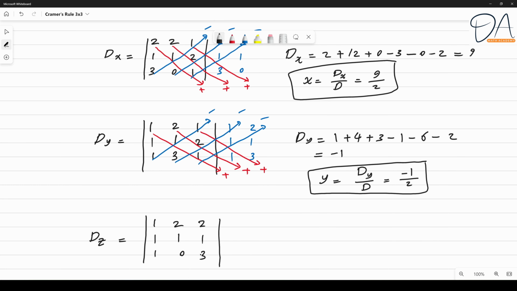So this is the determinant. Now to evaluate this, let's use the same trick again. Let's copy the first two columns. And the positive diagonals, this is the first positive diagonal, second and third positive diagonal, negative diagonals.